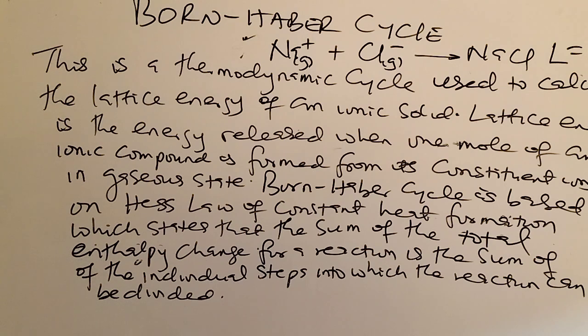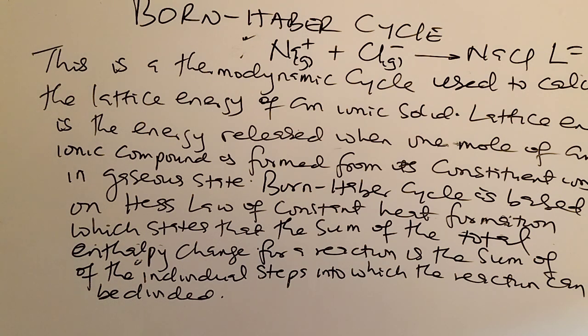So for us to understand the Born-Haber cycle and how to use it to calculate lattice energy, we're going to look at the steps involved. The Born-Haber cycle normally involves 5 steps, which include sublimation, ionization, dissociation, electron affinity, and so on.